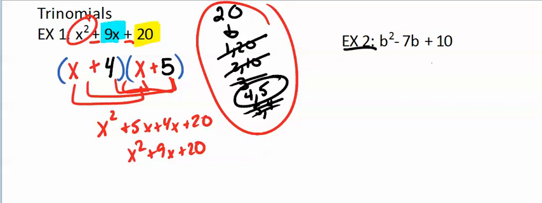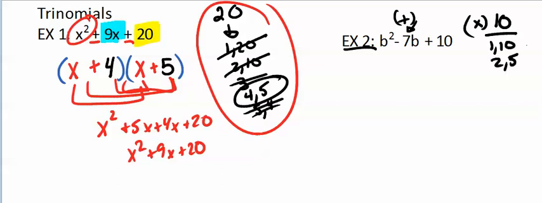All right, in example number 2, we have b squared minus 7b plus 10. Again, what I'm doing is I'm looking for 2 numbers that multiply to 10, but will add to negative 7. So I'm thinking of my factor pairs again, and we only have 2 this time. 1 and 10 cannot give me that combination, but 2 and 5.